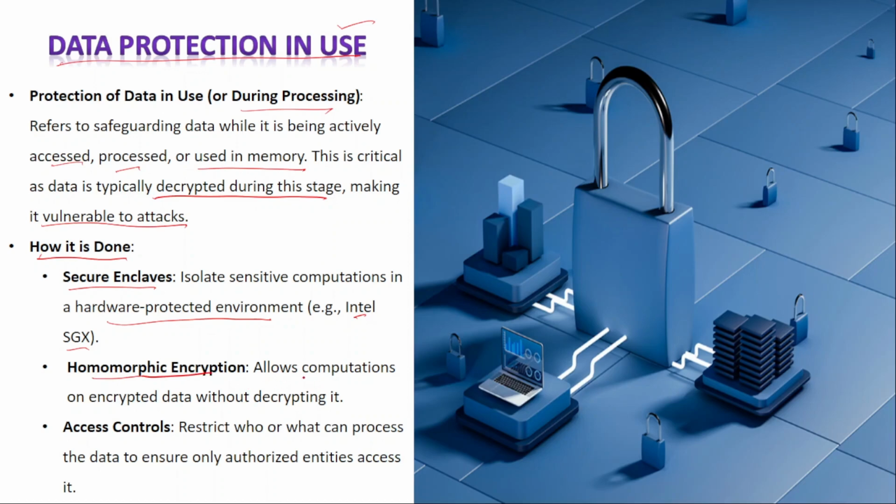Homomorphic encryption allows computation on encrypted data without decrypting it. Usually when you want to use data, it must first be decrypted, but homomorphic encryption allows data to be used without decrypting it, and the data is actively used in encrypted form. Access control restricts who or what can access the data to ensure only authorized entities access it.